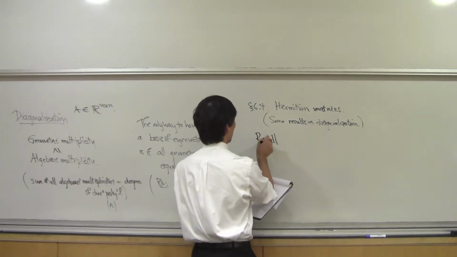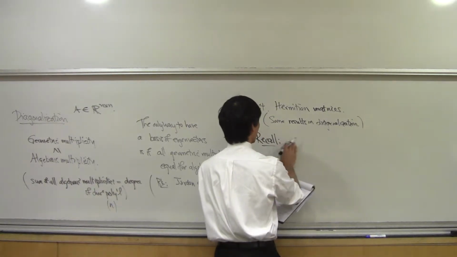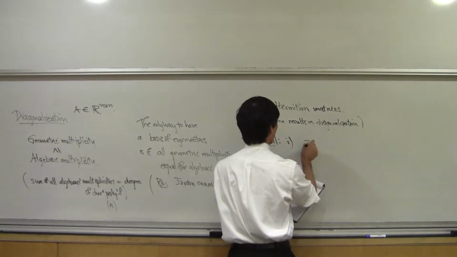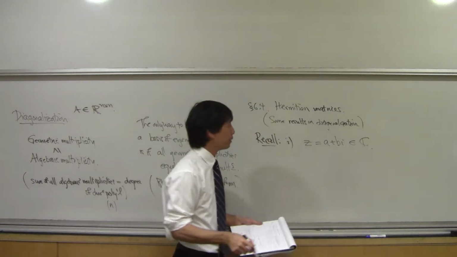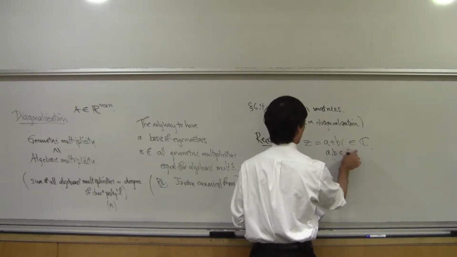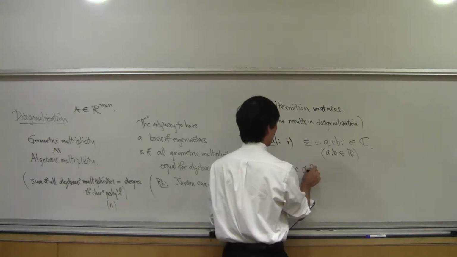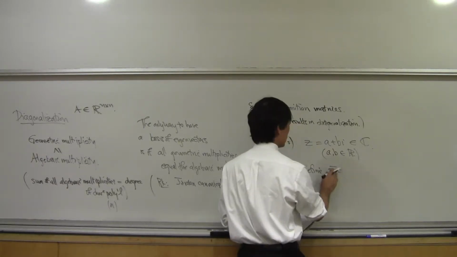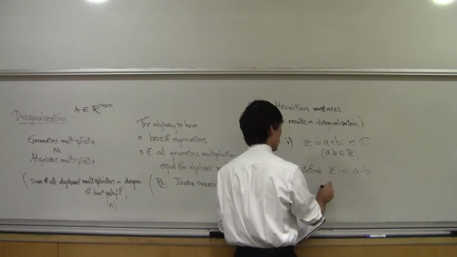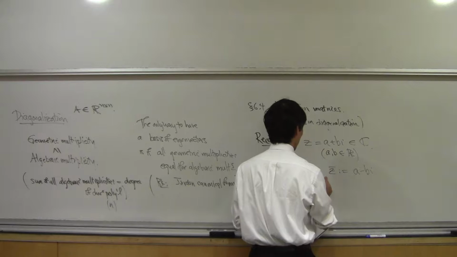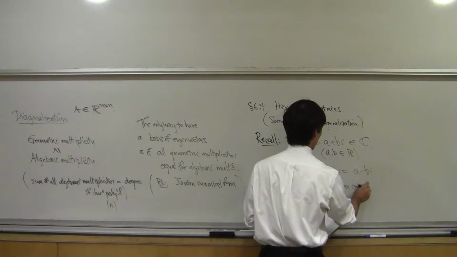Let's recall first that if z is a plus bi, a complex number, where a and b are real numbers, then we define z bar as a minus bi, and we call it the complex conjugate of z.